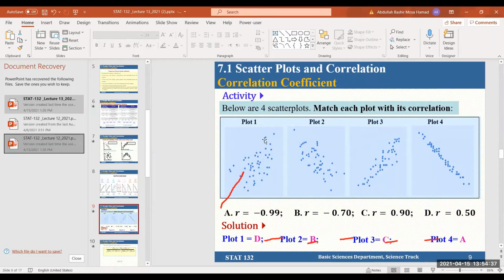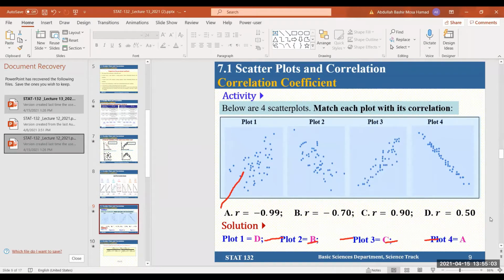This looks positive and somehow weak. This one, yeah, Hussein. B, minus 0.7. Yes, it looks negative, a slightly moderate negative correlation. So this is 3. Is it positive or negative, Abdulaziz?